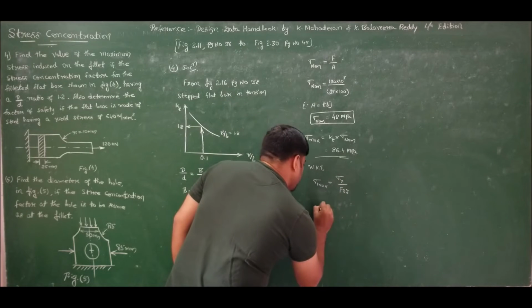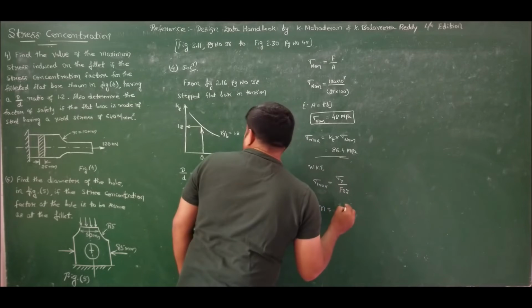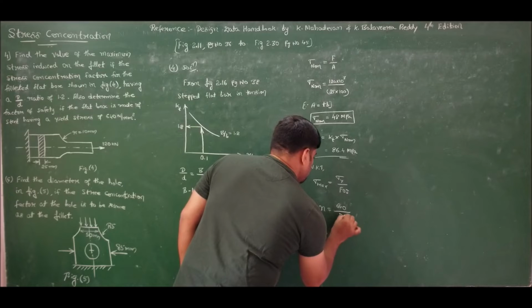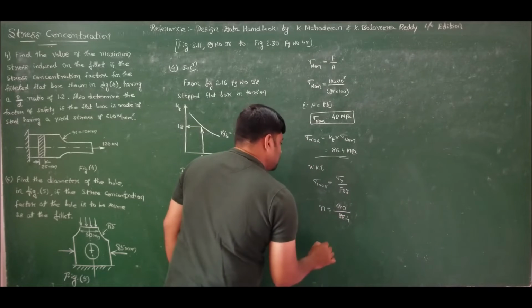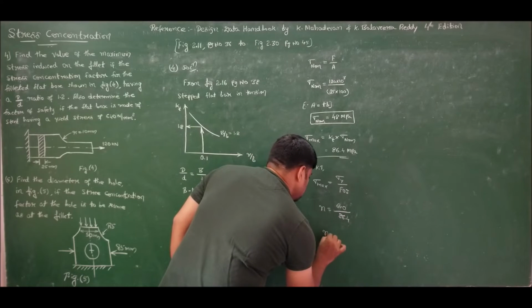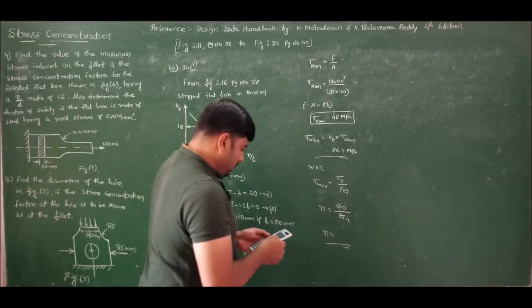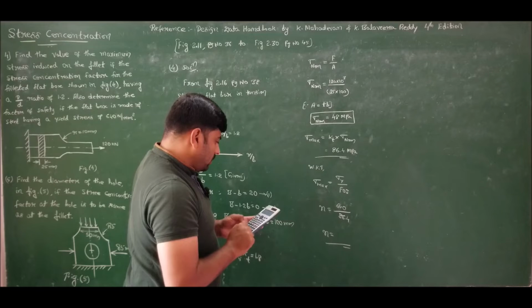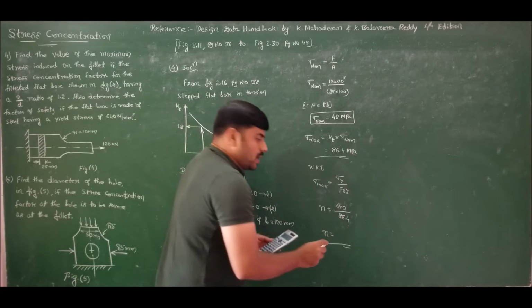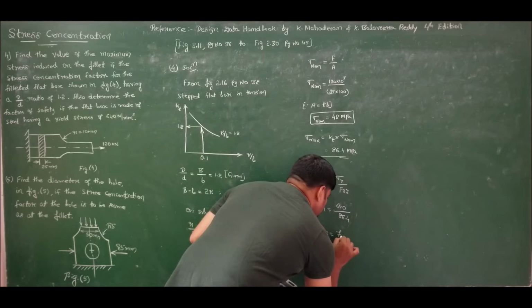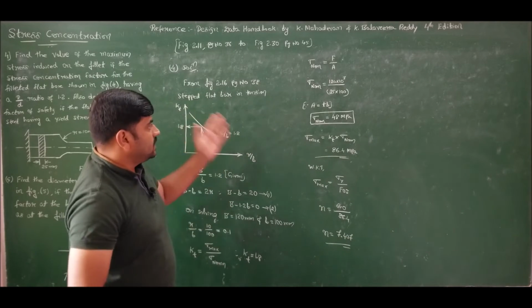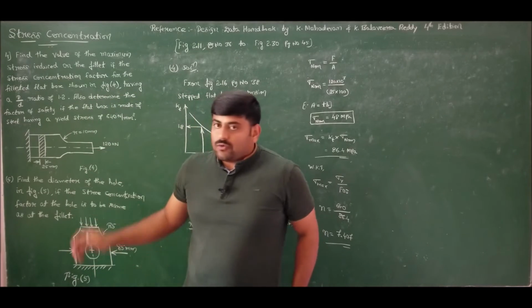Therefore the factor of safety n is sigma yield, 640, divided by the allowable maximum stress, 86.4, that is 640 by 86.4, which is 7.407. This is the complete solution for problem number 4.